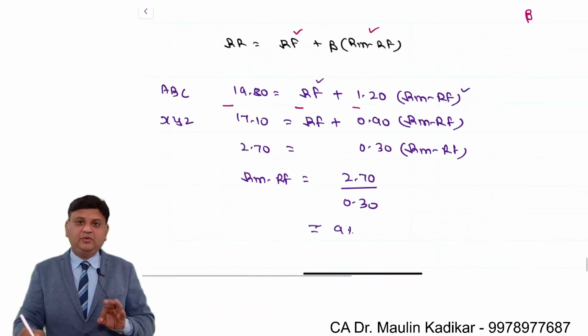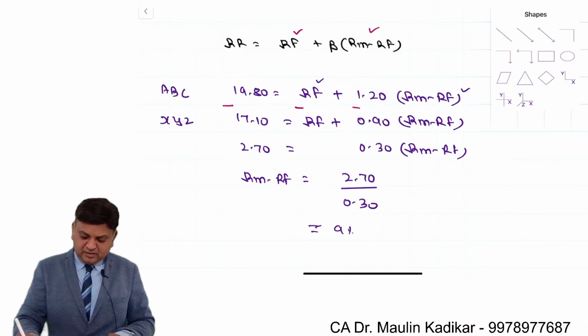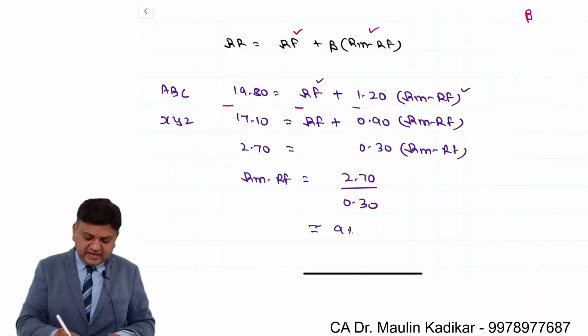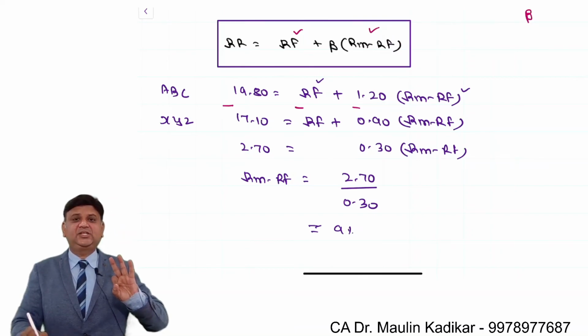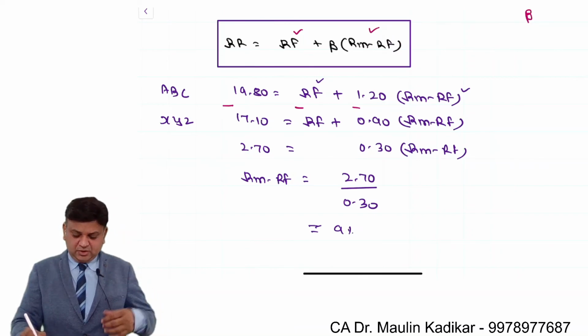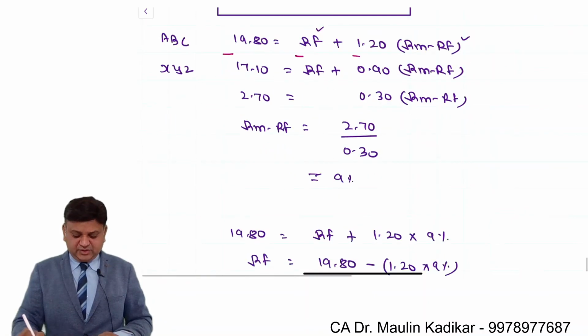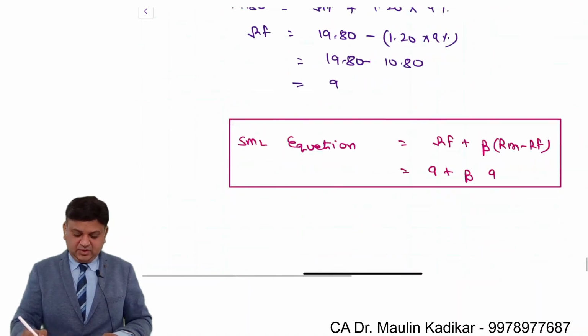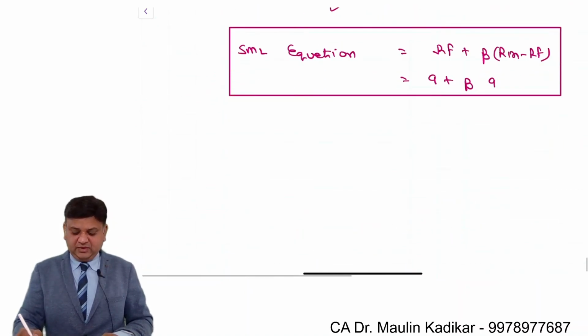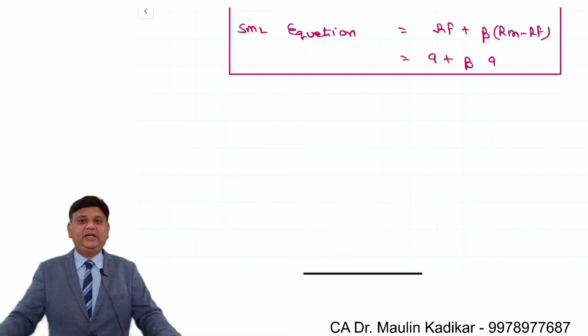So we just have to fill in the values of RF and RM minus RF in this equation. That is the security market line equation. So we form two simultaneous equations in which we have calculated RM minus RF, and in which we have calculated RF, and with that, the security market line equation is formed.